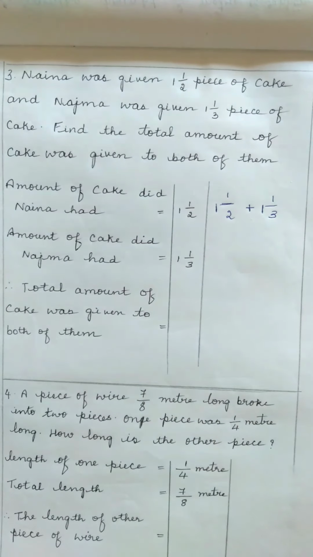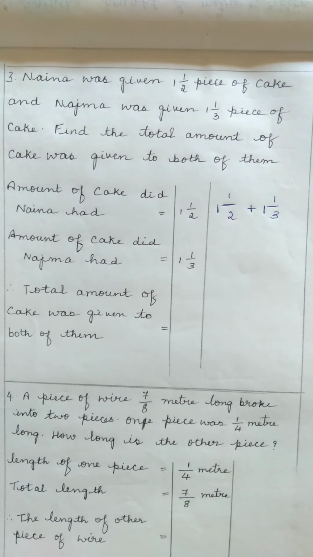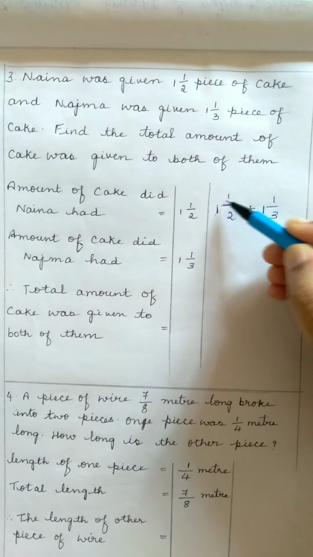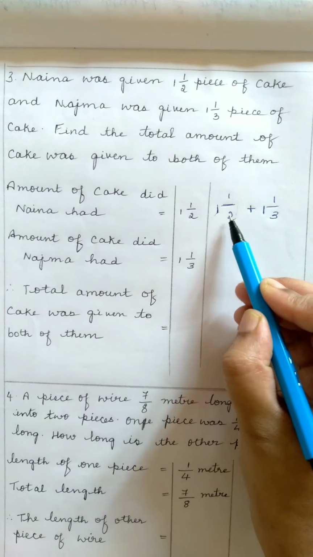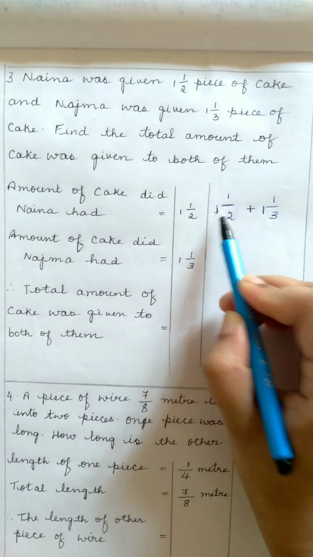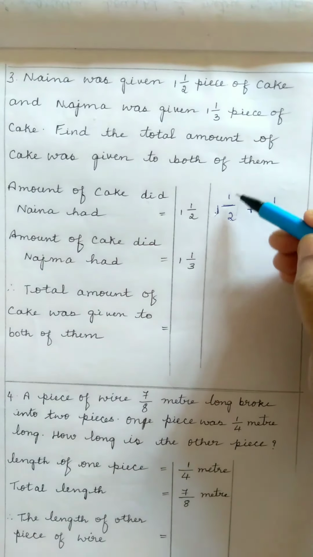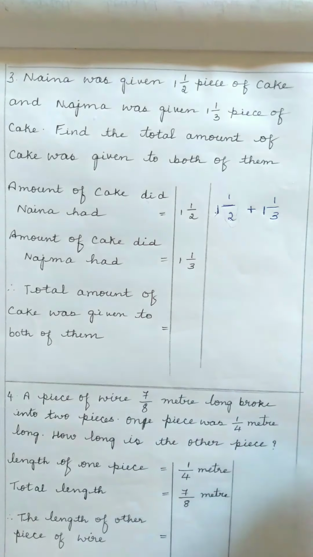We studied how to add those mixed fractions in one of the methods. And I mentioned there that we will solve another method for this mixed fraction. The method is, we know that 1 represents a whole and 1 by 2 represents the part. So, multiply the whole with the denominator of the part.